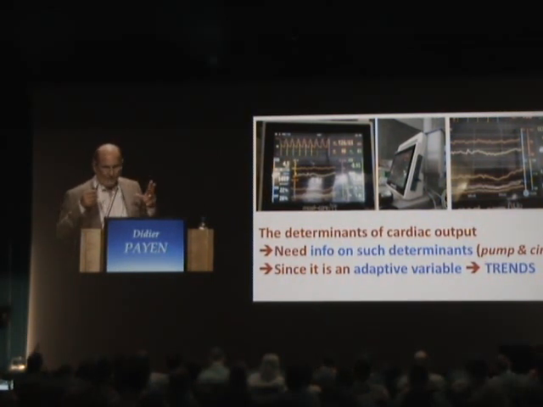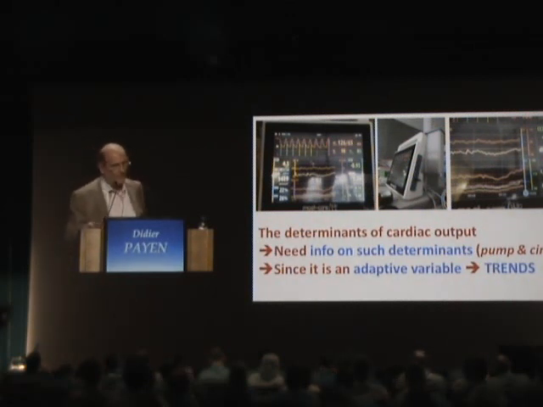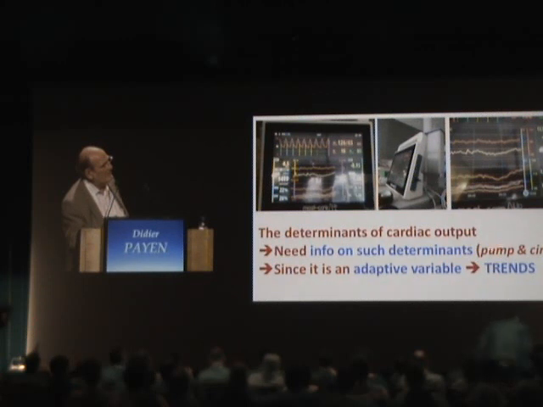The flow itself alone is probably not sufficient to make a decision. And you can see here that you need the information on your tool or your device about the determinants, at least the most important ones, some related to the pump function, some related to the circuit function.